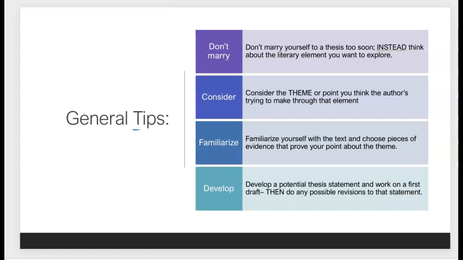I have here some general tips for you to think about as you're coming up with your thesis statement and your literary analysis. I don't want you guys to marry yourselves too soon to a thesis. Instead, think about the literary element you want to explore. Are you doing a character analysis, a setting analysis?